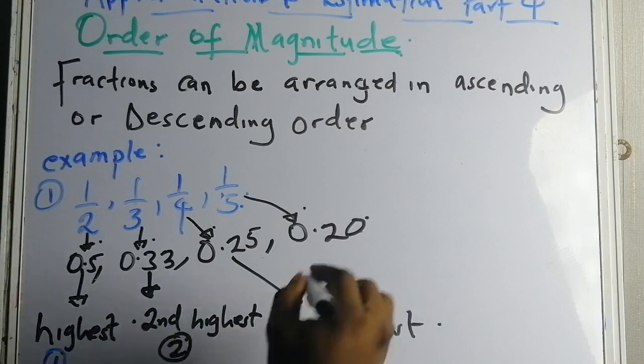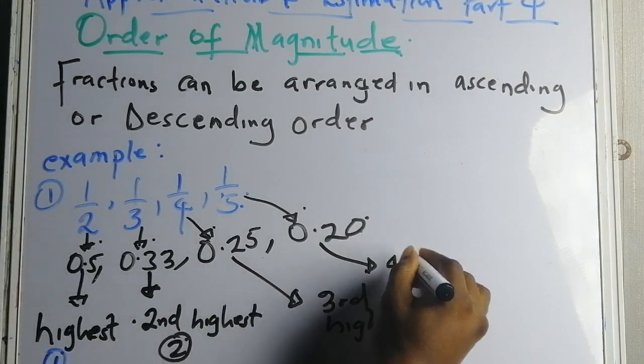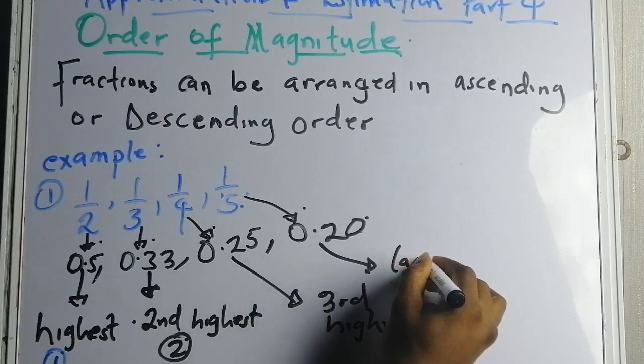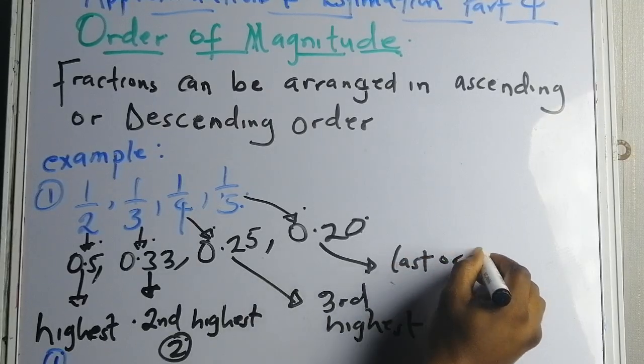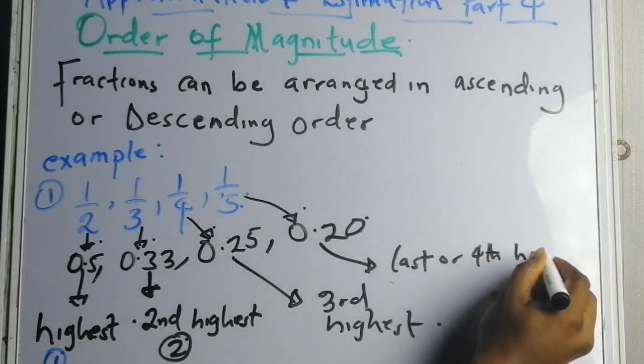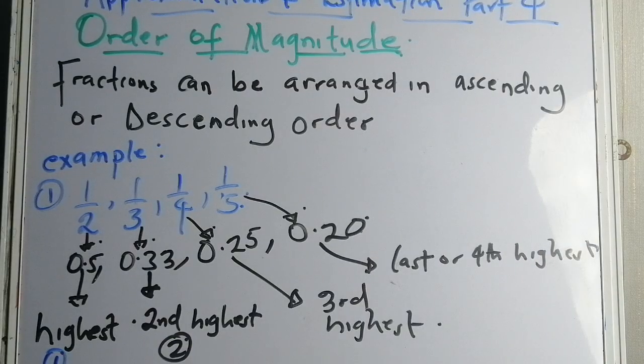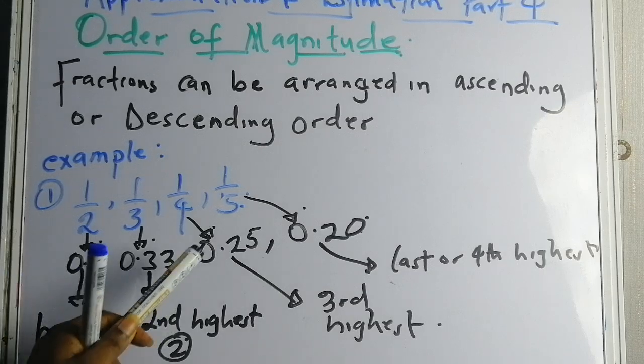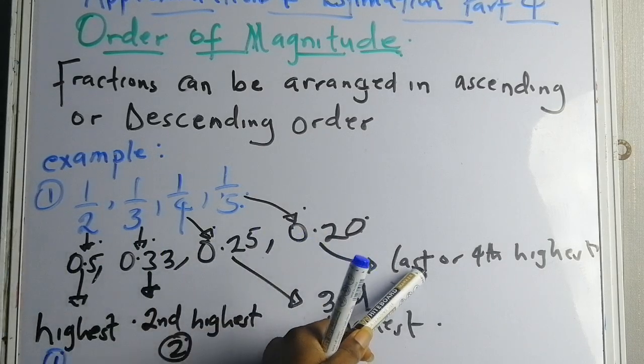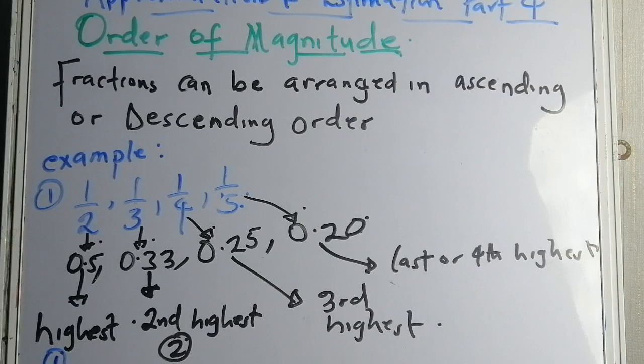So this one is the fourth, the last or fourth highest. So now this is the first highest, this is the second highest, this is the third highest, this is the what? Last or the fourth highest.